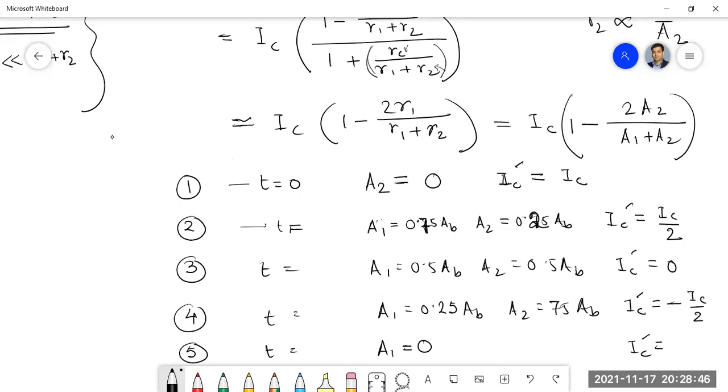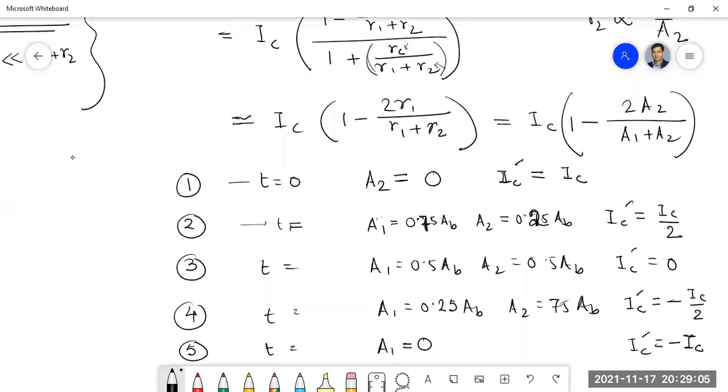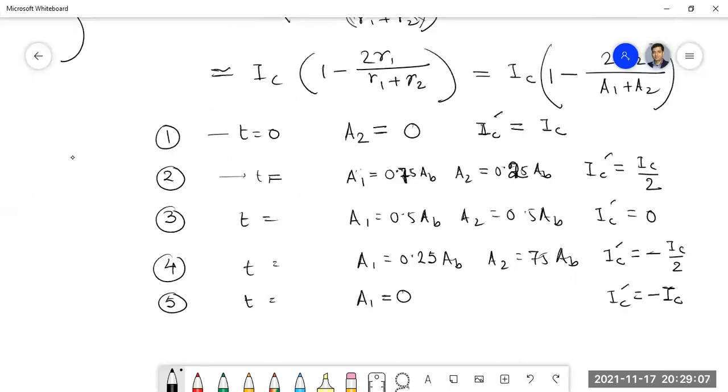Minus IC. So it will be minus IC. Understood? বুঝতে পারছো সবাই? Yes, sir.